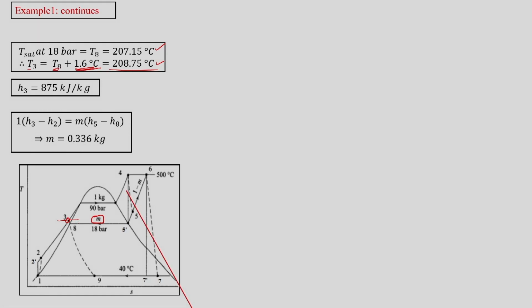What we are writing is that 1 kg of steam is raising its enthalpy from 2 to 3 at the cost of M kg of mass of bleed losing its enthalpy from 5 to 8. So we now know H3, H2, H5, and H8 from the last steps, and then we can find out M, which is 0.336 kg.